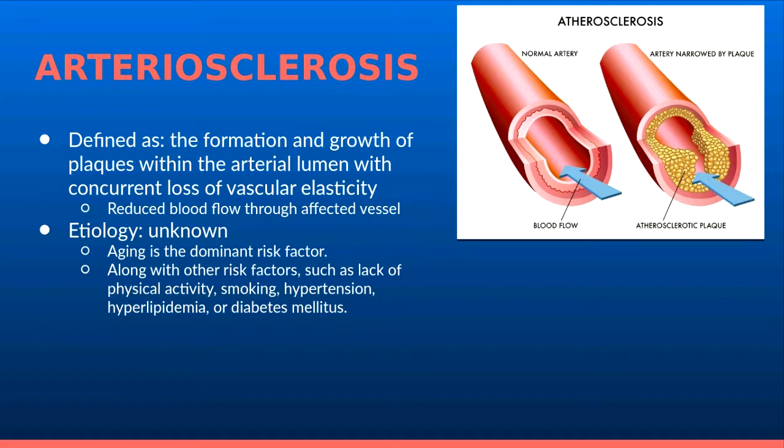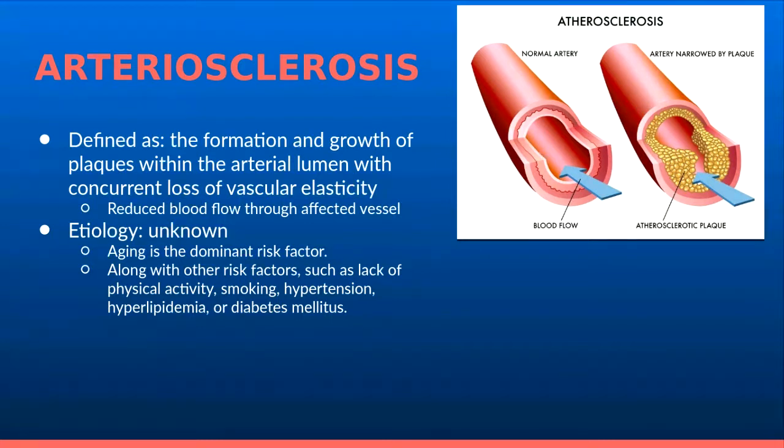Genetic or lifestyle factors cause plaque to build up in your arteries as you age. By the time you are middle-aged or older, enough plaque has built up to cause signs or symptoms. In men, the risk increases after age 45, and in women, after age 55. There are also some traditional risk factors, such as a lack of physical activity, smoking, hypertension, hyperlipidemia, and diabetes.